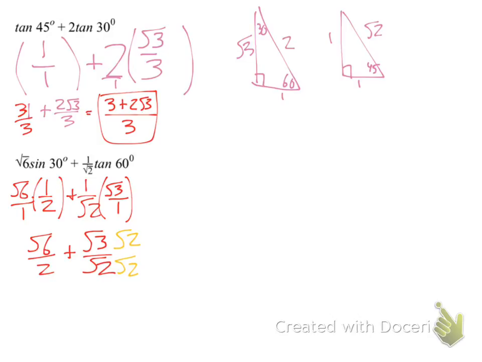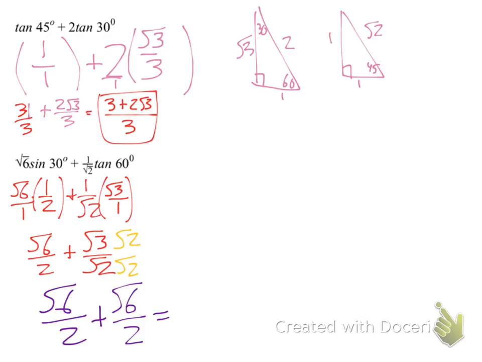And so you end up with square root of 6 over 2 plus square root of 3 times square root of 2, which is square root of 6 over 2. Hey, that's cool.